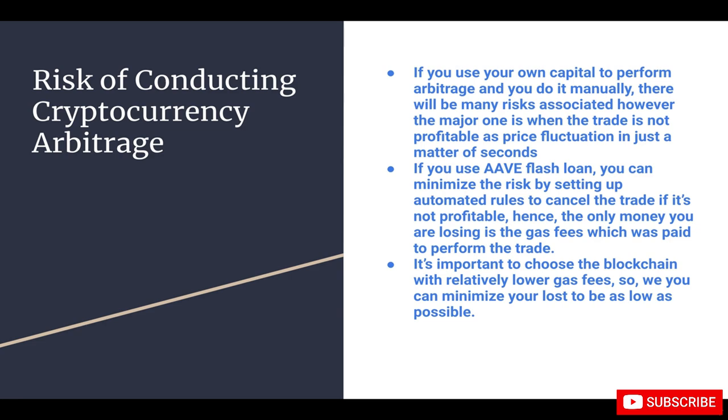So in order to perform transactions on whatever blockchain, you need to pay gas fees. So let's say I decided to do cryptocurrency arbitrage using Aave as my flash loan provider. A couple of seconds ago, it seemed to be profitable.